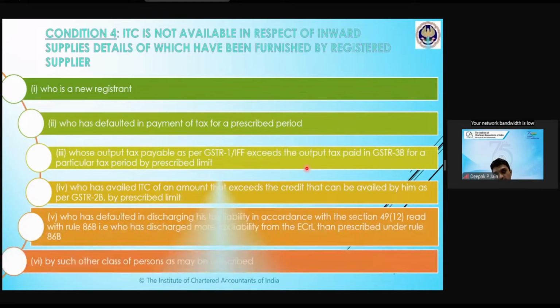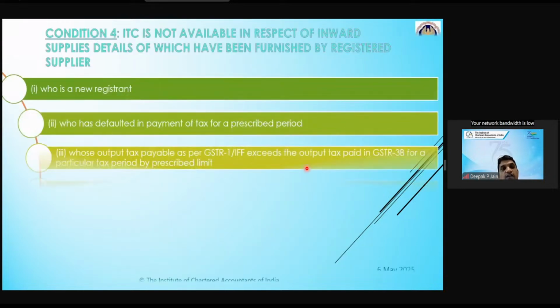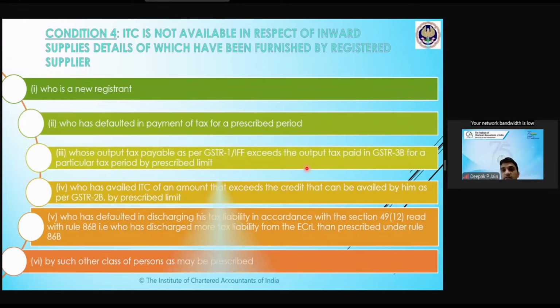Okay. And the fourth condition is continuing. What are those restrictions in section 38? This is there in the section but it is not yet effective. So in your GSTR-2B this bifurcation will not appear now, but going forward it will be bifurcated.